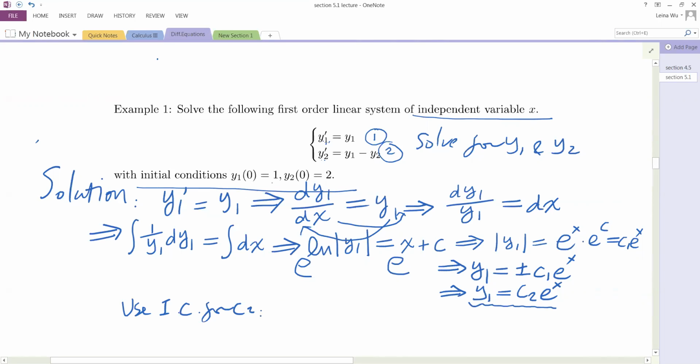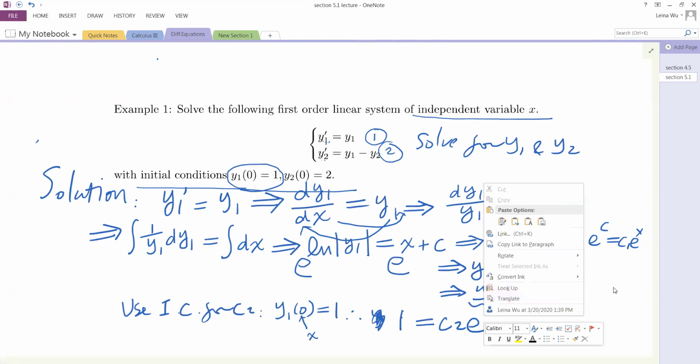We've got two initial conditions. We should be using the one that's related to y1, right? So we have y1 at 0 equals 1. It tells us when x equals 0, y1 equals 1. Let's plug in. So we should have y1, which is 1, equals c2 e raised to the 0.